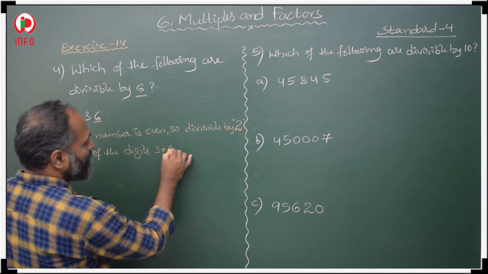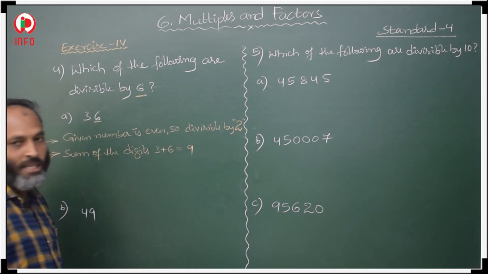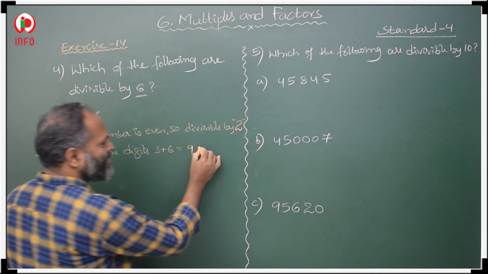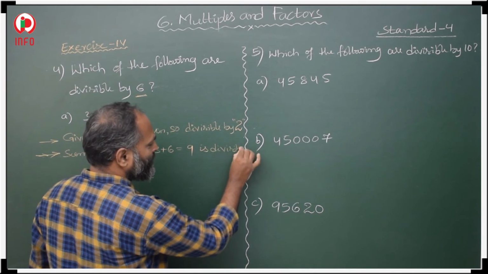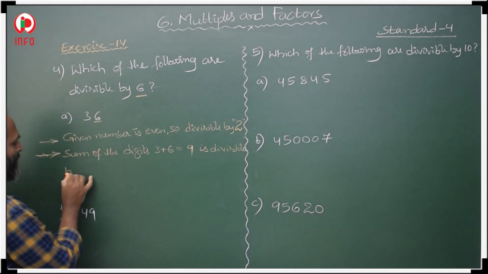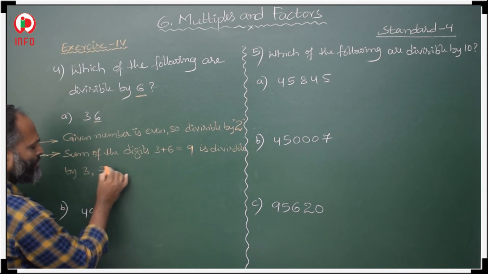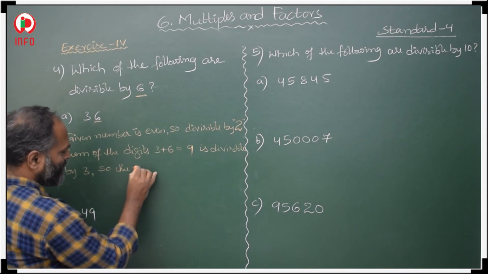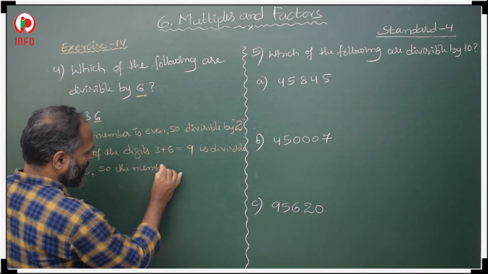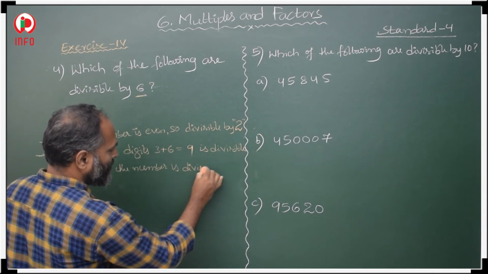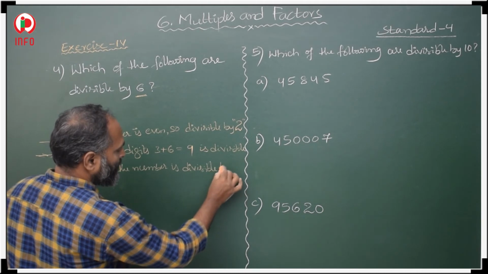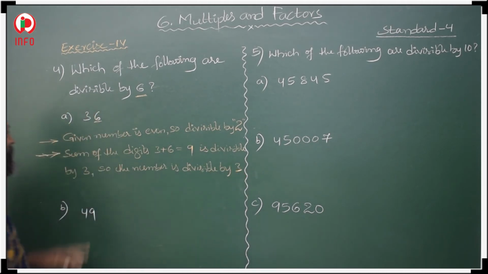3 plus 6 is equal to 9, and 9 is divisible by 3. So this number is divisible by 2 as well as 3.